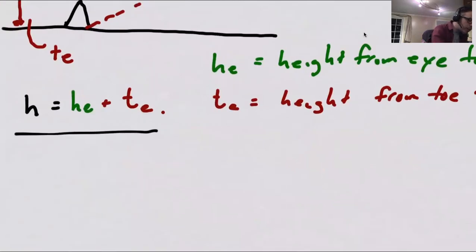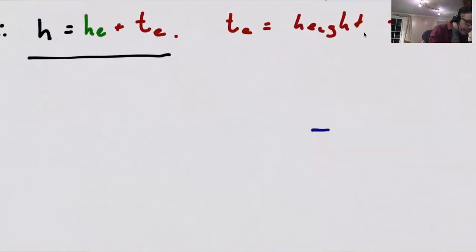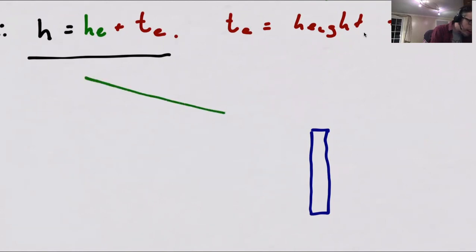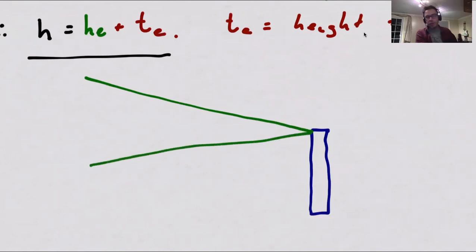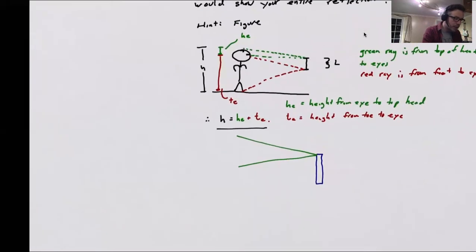Just like I did before, I'm going to draw the mirror in blue. So let's say this is our mirror and we're zoomed in here. I'm not going to be able to draw this completely to scale, but the light beam comes in from the head and bounces off to the eyes. This is a pretty narrow triangle, as we've seen from over here.